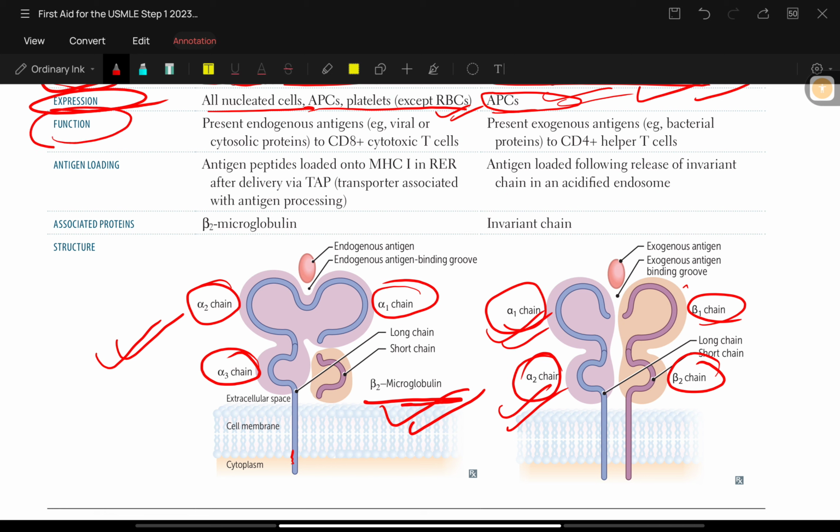Now talking about functions. So MHC class 1 function is to present endogenous antigens. So it generally presents antigens that are present inside the cell, for example viral or cytosolic proteins, to CD8 positive cytotoxic T cells.